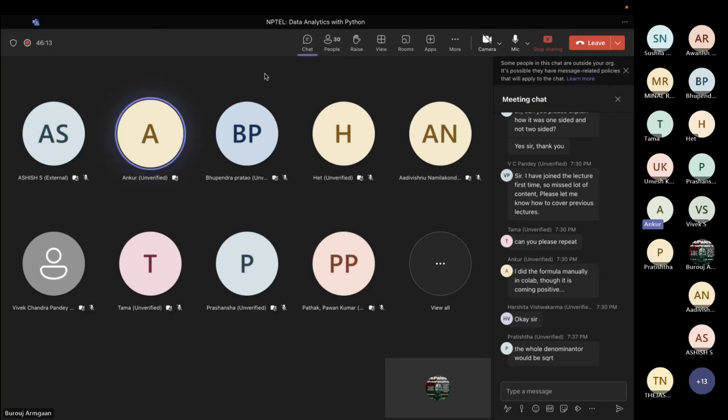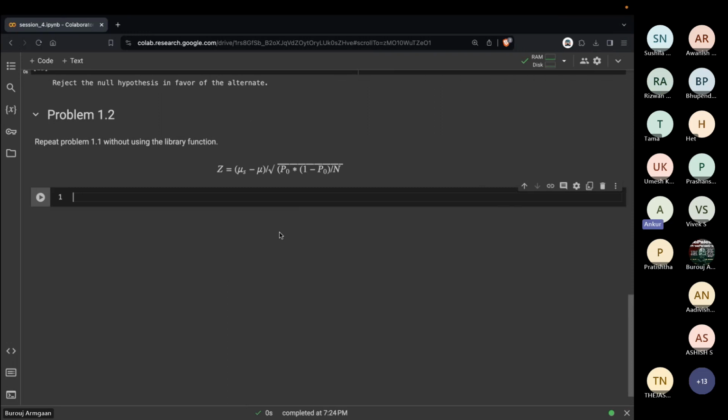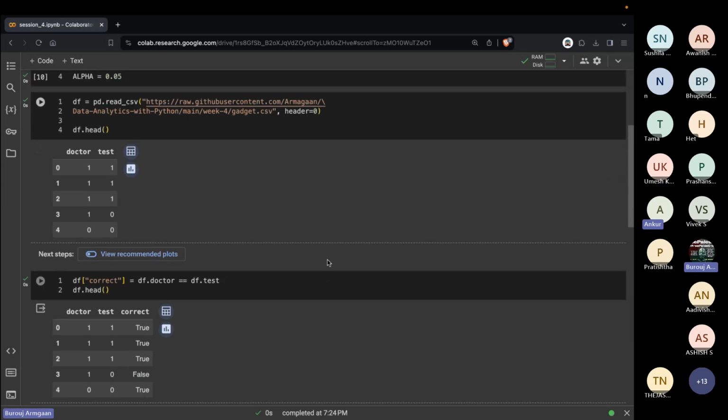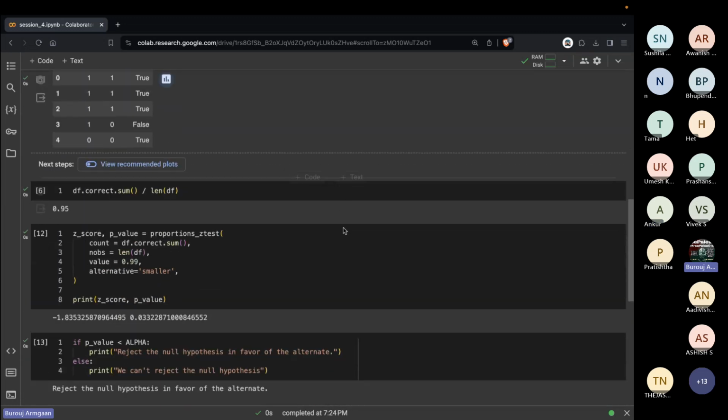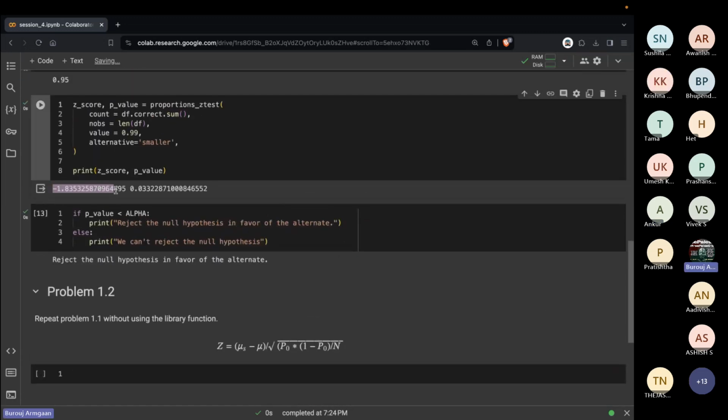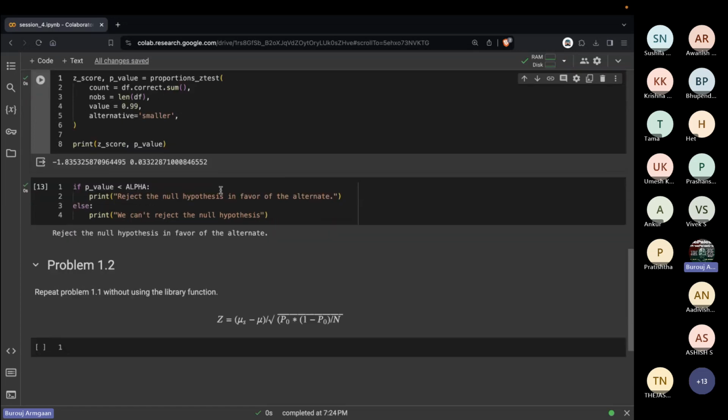Can you show that formula again? So let me try on my side. Okay, let's see. The whole idea of doing it manually is to get to this z score. If we know the z score, we can compute the p value as well.